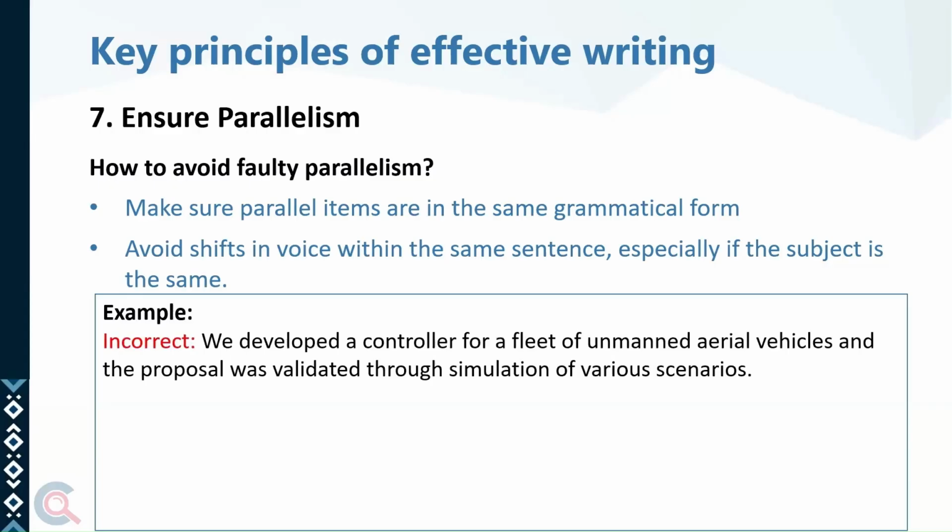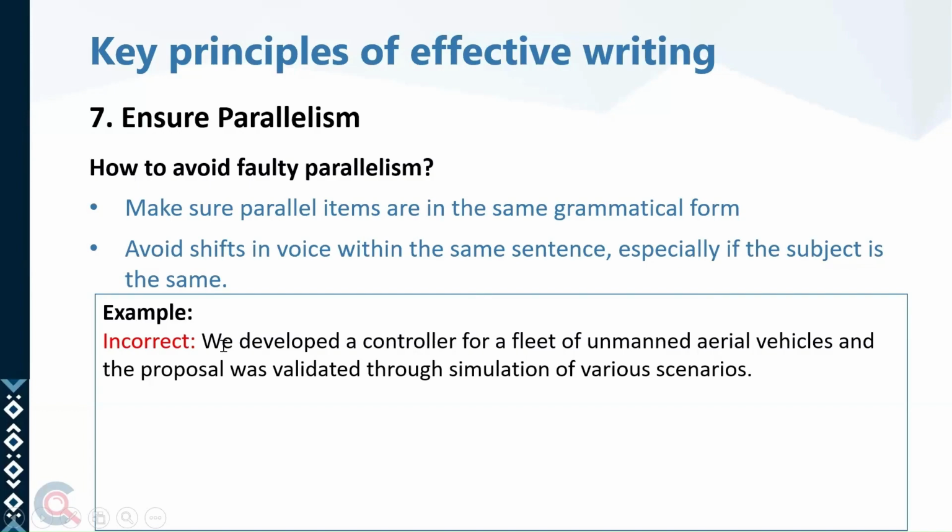For example, "We developed a controller for a fleet of unmanned aerial vehicles, and the proposal was validated through simulation of various scenarios." We discovered that the first portion of our sentence, we developed, this is active. We, subject, developed, verb, a controller, object, is active.